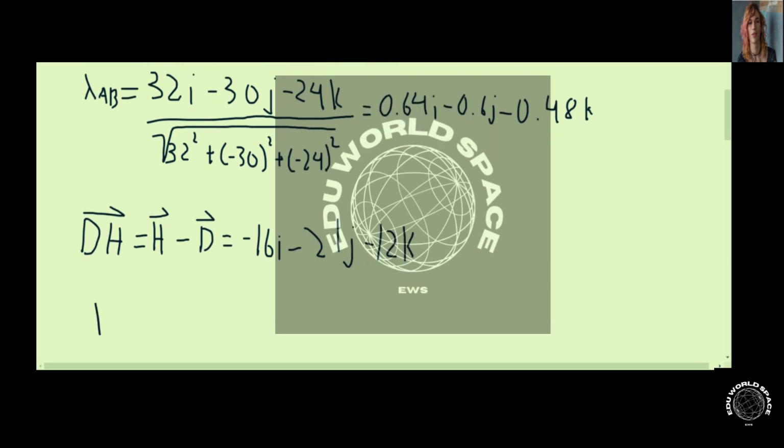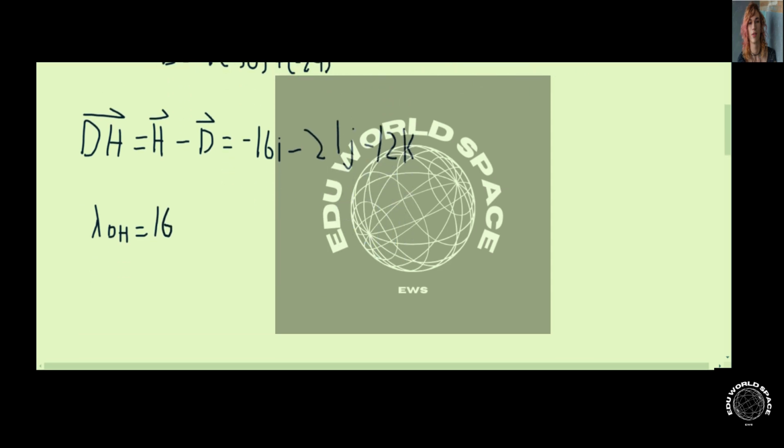And the unit vector for DH is equal to the DH vector divided by its magnitude.